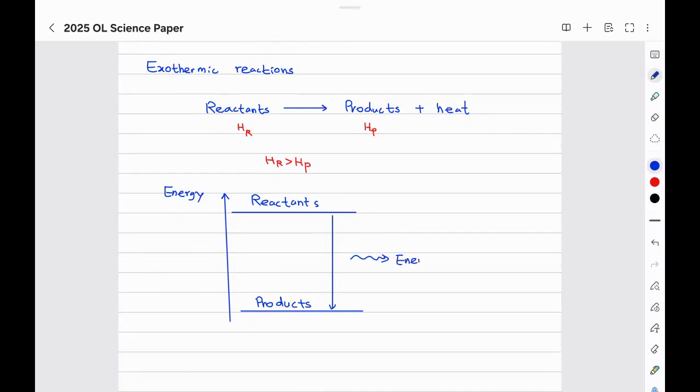Energy is released. From reactants to products, heat is released. Then reactants are having greater energy. Remember that. In exothermic reactions, reactants are having greater energy than the products. Remember that always. That's why the heat is released. That's why it is called exothermic reaction. Is it clear?